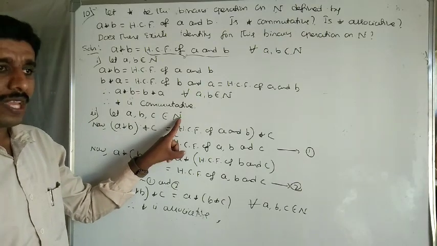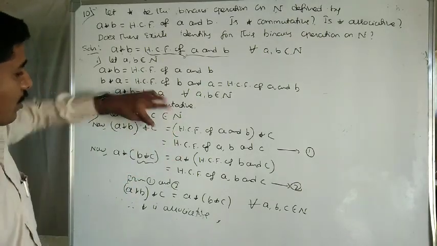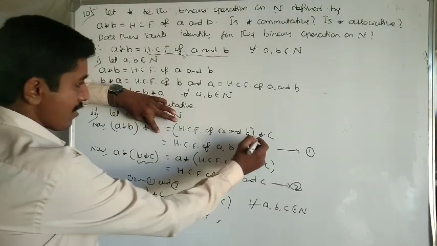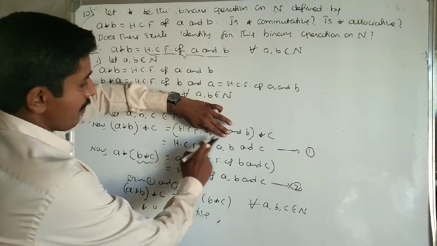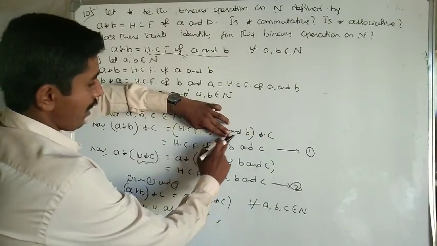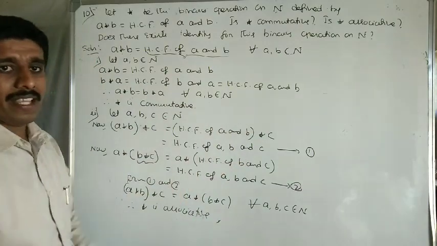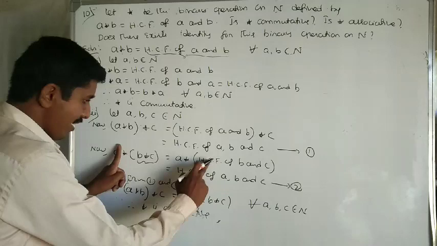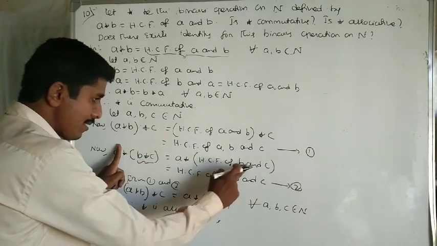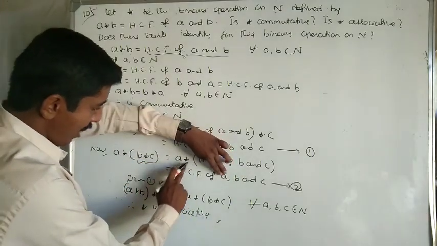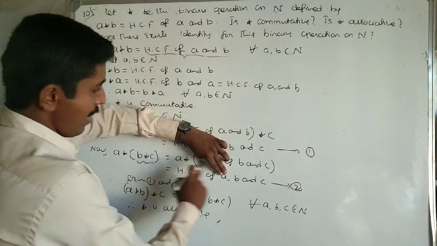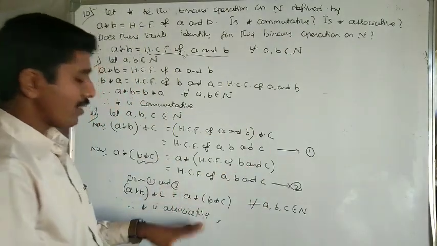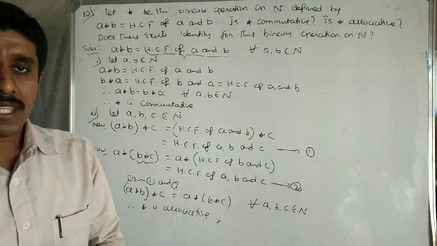Take a, b, c belonging to N. (a star b) star c: a star b is the highest common factor of a and b, star c as it is, gives the highest common factor of a, b and c, called equation 1. Similarly a star (b star c) gives the highest common factor of a, b and c, called equation 2. From 1 and 2 both are equal, therefore star is associative.